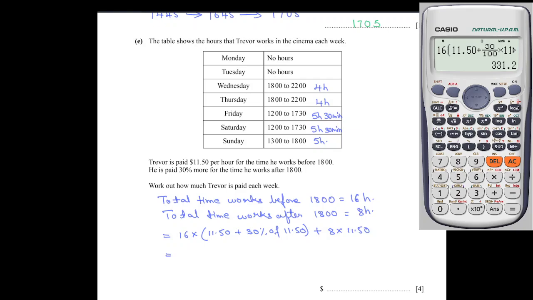331.2. 30% more, so 11.5 plus 30% of 11.5. Okay, let me find out what is 30% of 11.5.